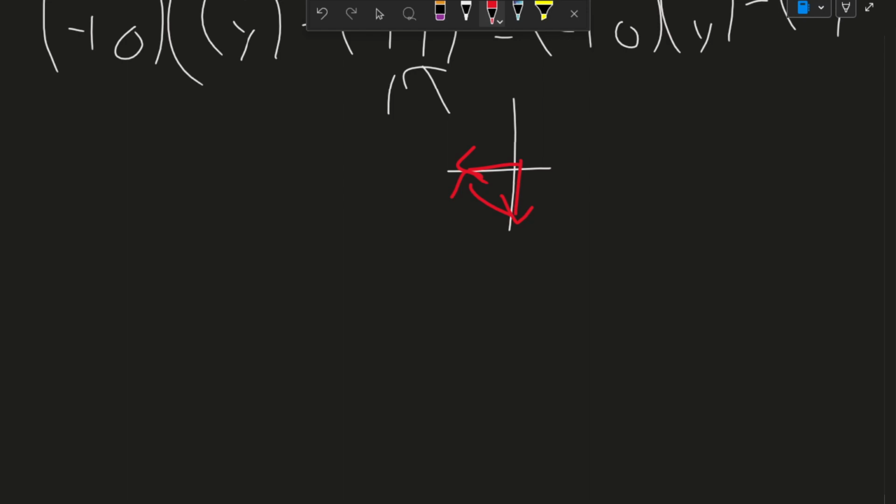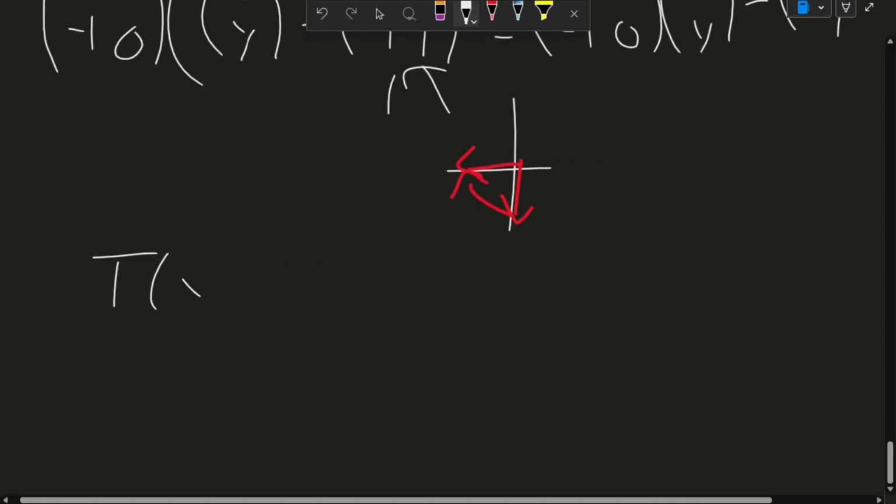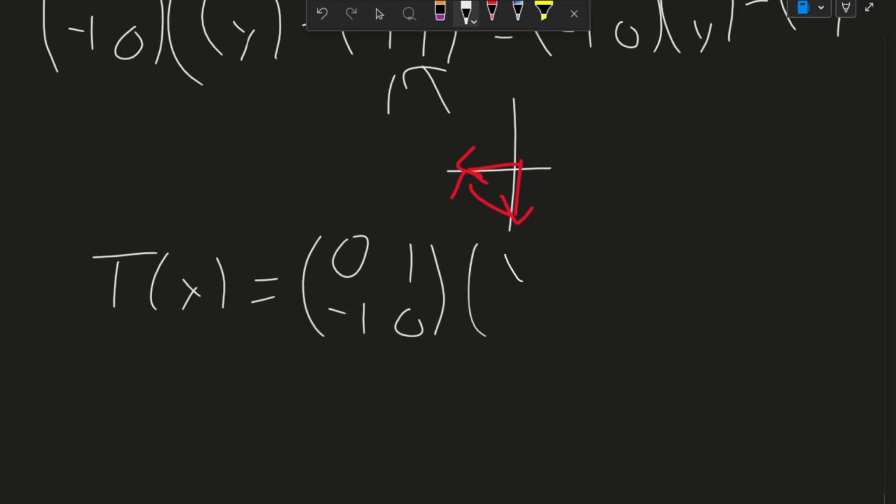And so let's call this transformation T, right? So we have T of x equals 0, 1, -1, 0 times x, y, minus 1, 0.